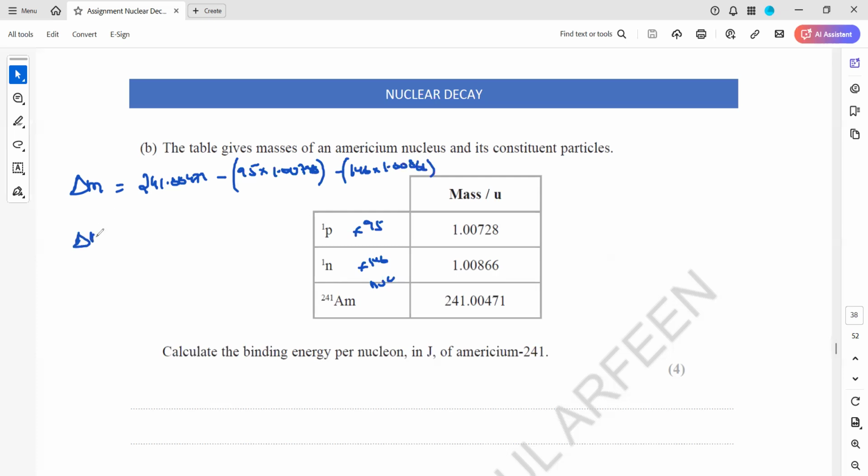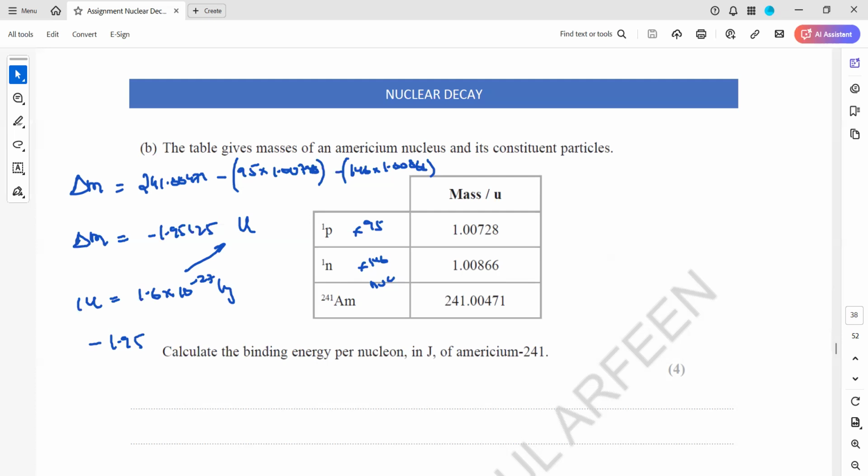When we simplify, we will get the mass defect, but that mass defect will be in U. So the mass defect is minus 1.95125 U. Then we convert, since 1 U is equal to 1.66 × 10^-27 kg, so we just multiply. The negative sign shows that the mass has decreased.